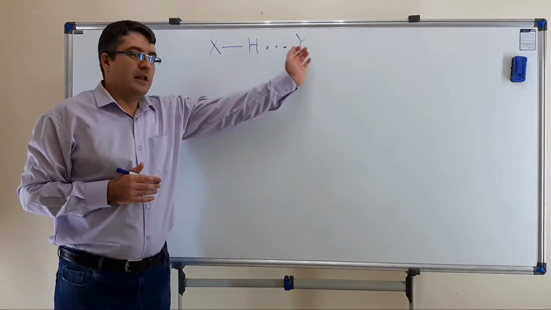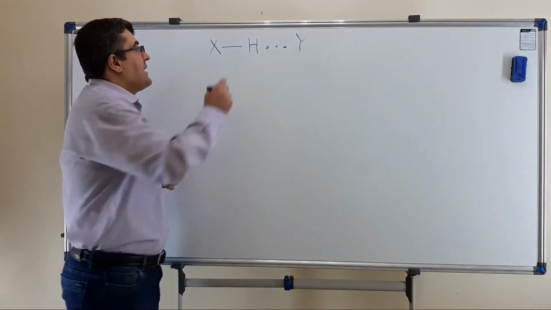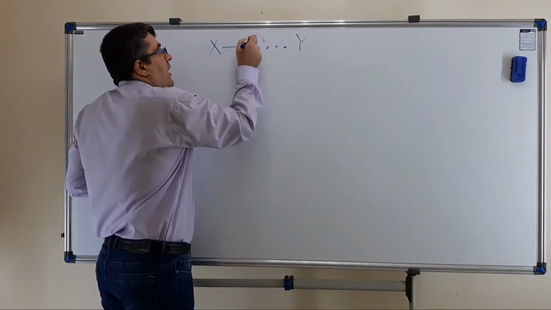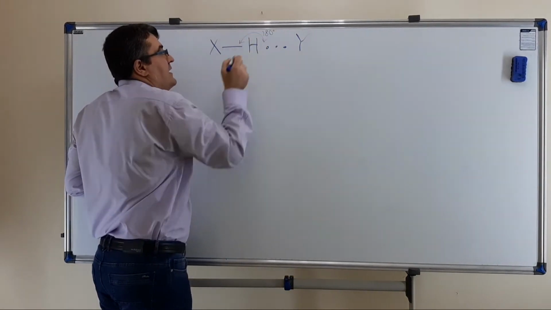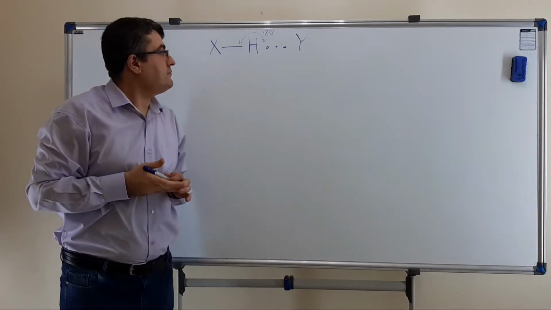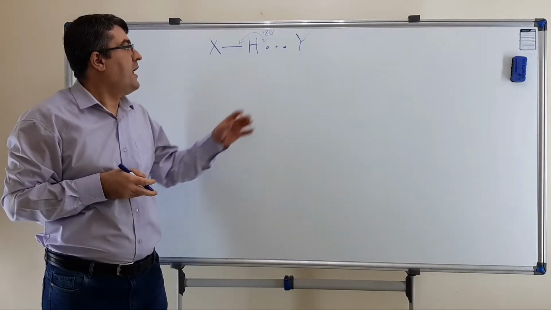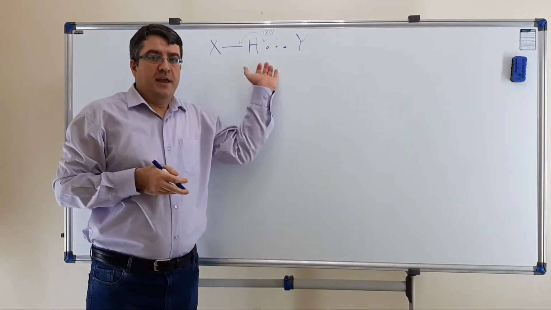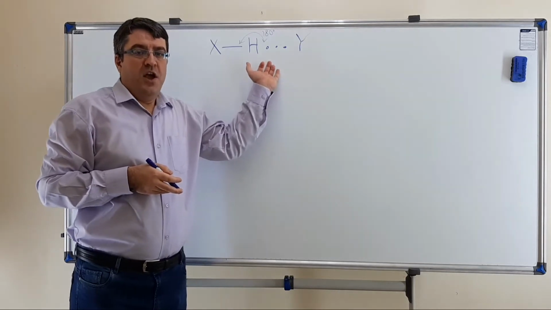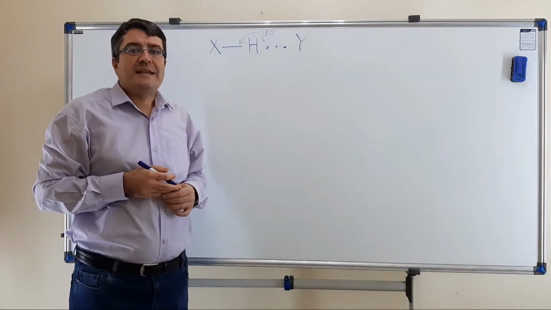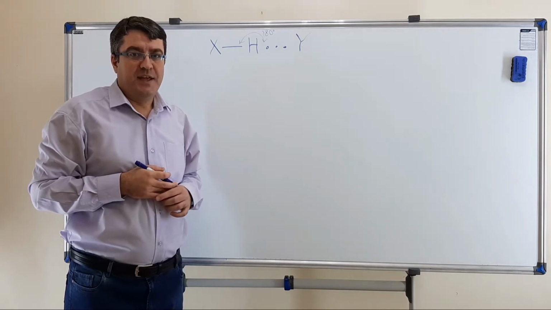In the direction of the lone electron pair, this angle is usually about 180 degrees. In this way, hydrogen bonds are like Lewis acid-base interactions.